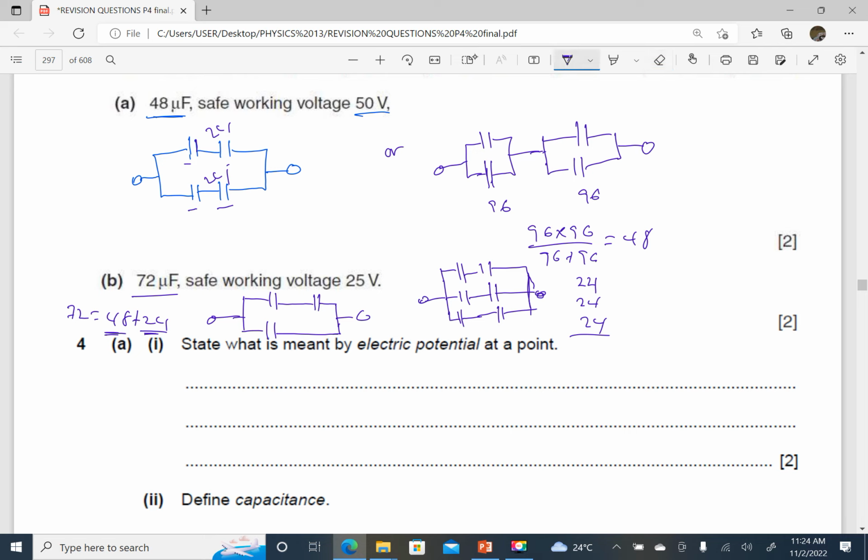The work done in moving a unit positive charge from infinity to the point. So that is electric potential.